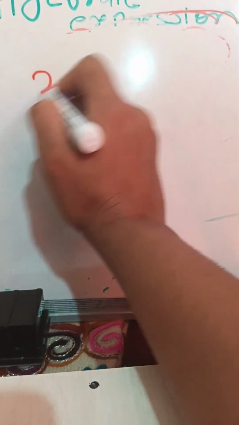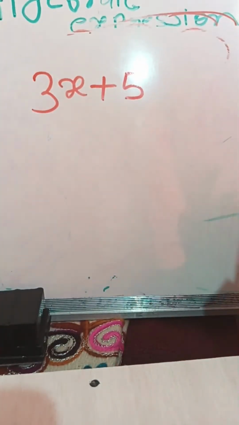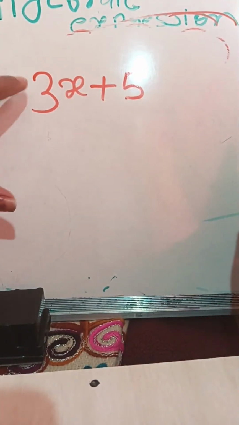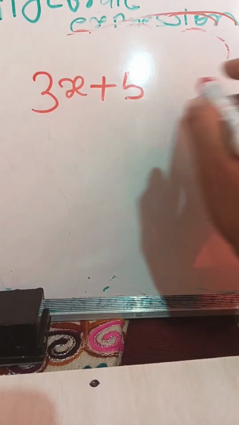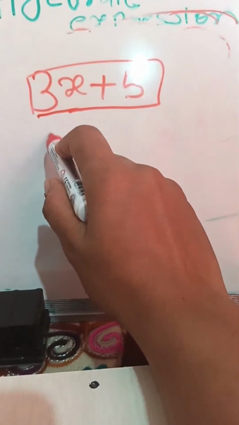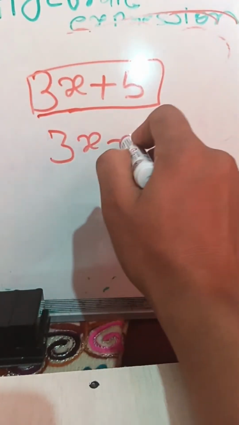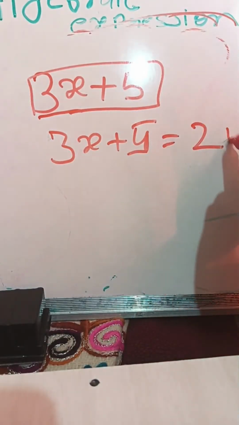Suppose I have this 3x plus 5. You know what is the difference between expression and equation? First we'll discuss expression and then we'll discuss equation. Here 3x plus 5 is an expression, and if I write 3x plus 5 is equal to 2, then it is an equation.